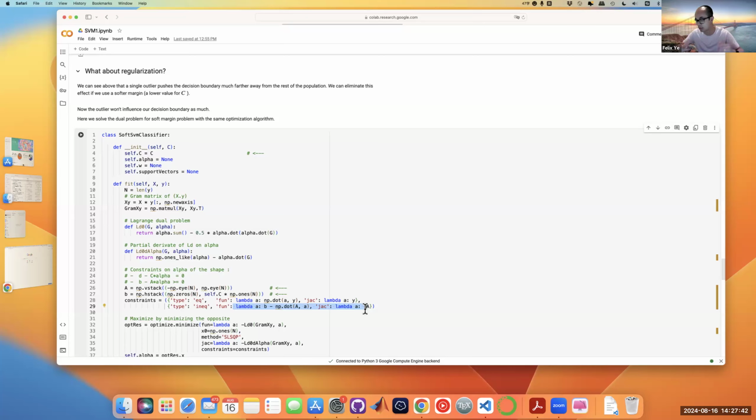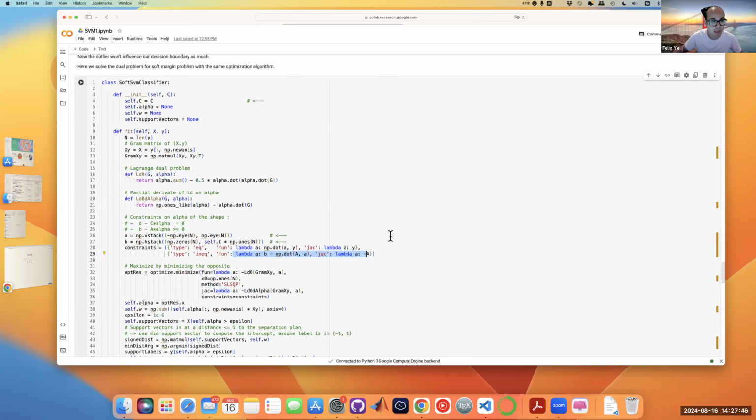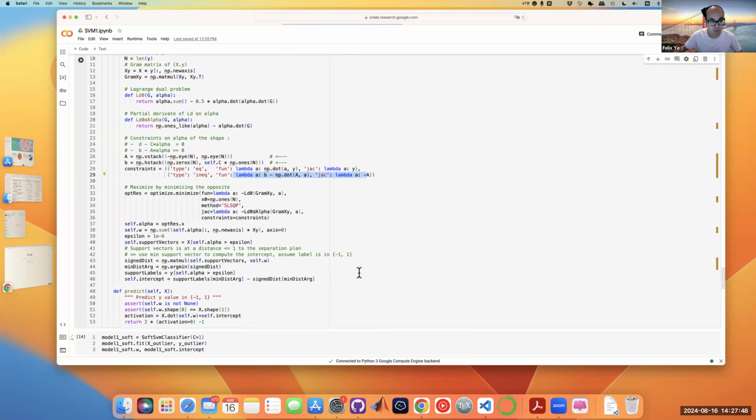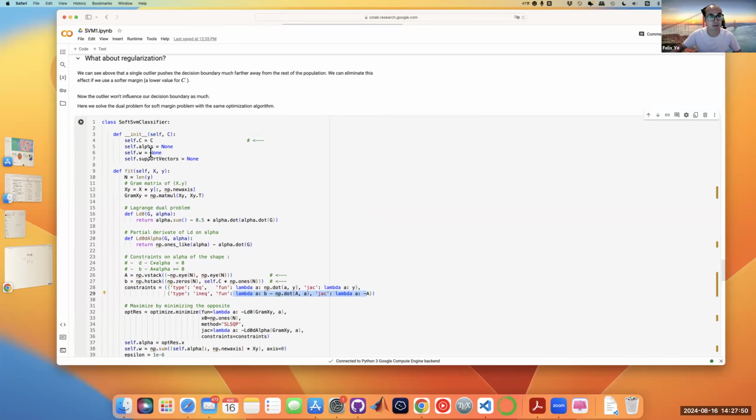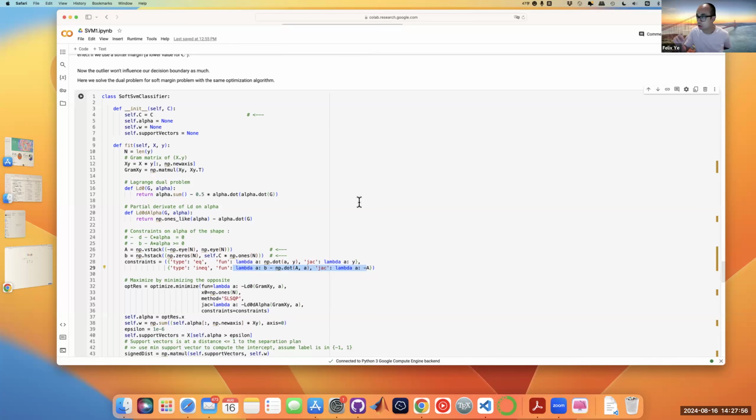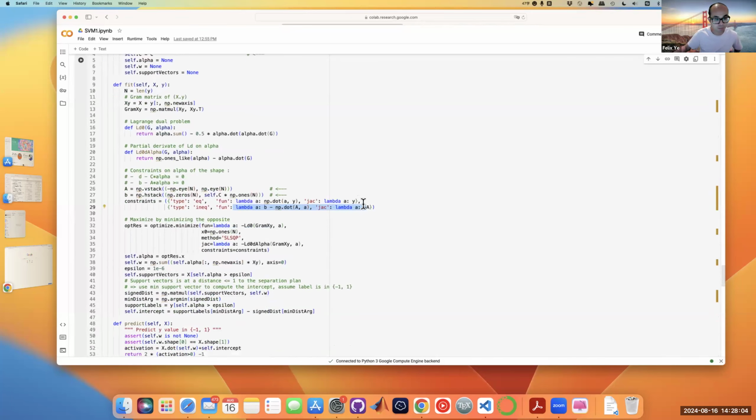In this case, it's C. That's the only difference we're making here. Everything else is precisely the same. This is exactly what we are working with for the soft margin SVM. So you only need to change a little bit from the hard margin, and it turns out it works for the soft margin.